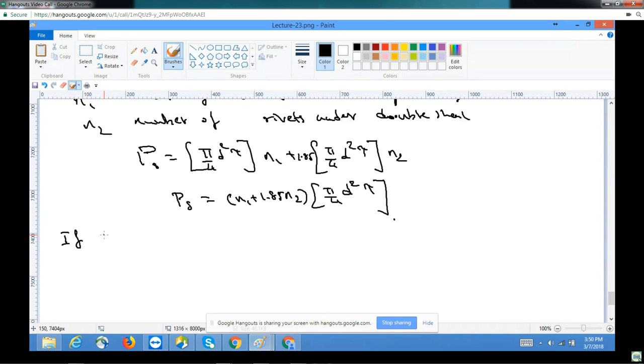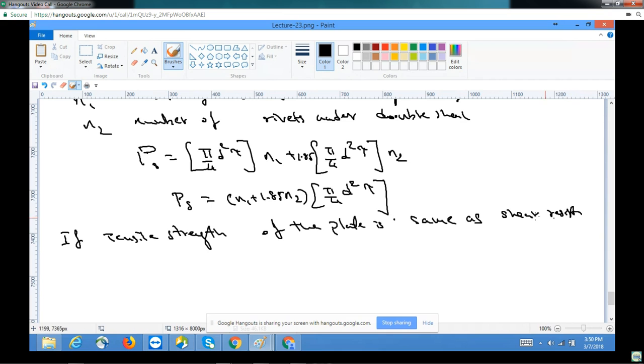if tensile strength of the plate is same as shear resistance, then P minus d times thickness into sigma T is equal to PS, right?